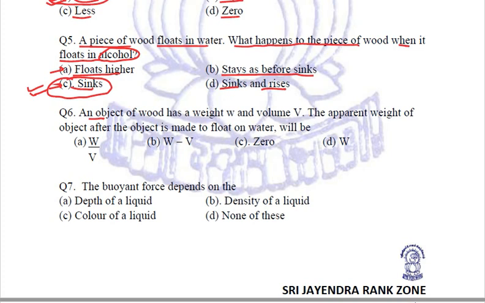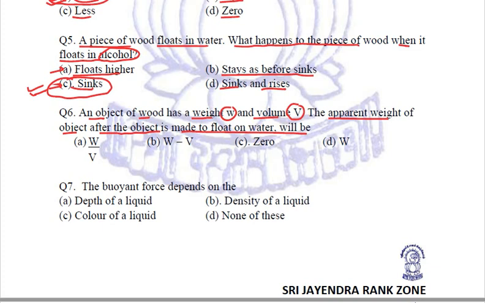An object of wood has a weight W and volume V. The apparent weight of the object after the object is made to float on water will be?